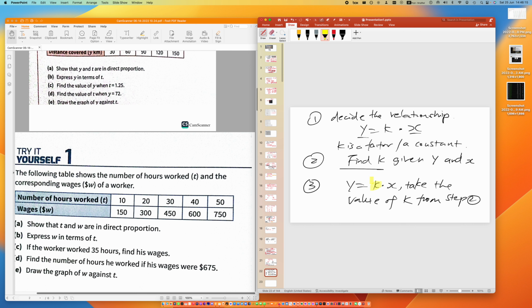So this case is both up or both down. So this one is both up or both down? Up. Yep, good. So you just have to write down T. T goes up, then W also goes up. Then that's a direct proportion. Okay?